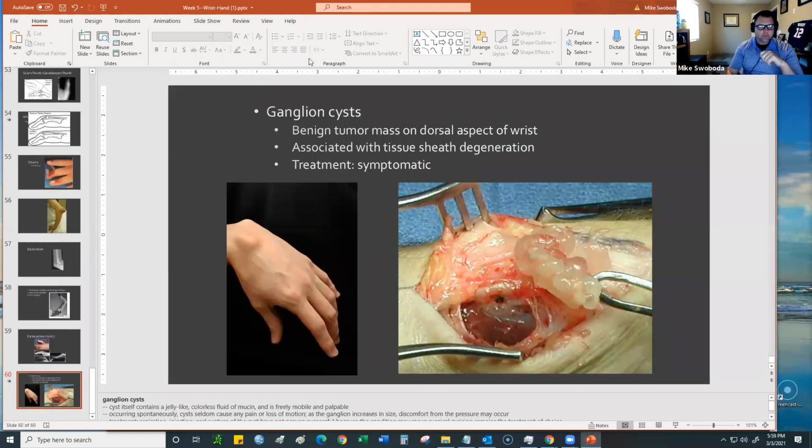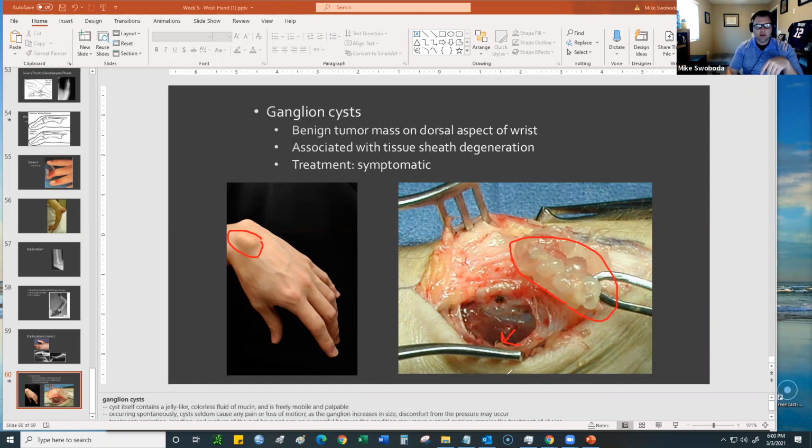Ganglion cysts, you'll typically see these on your posterior wrist. And this is what a whole one looks like. So these are partially fluid filled, partially cell filled, or typically filled with dead skin cells. But what makes this a different brand of cyst is that it's deep. So you notice how deep down into the wrist they are.